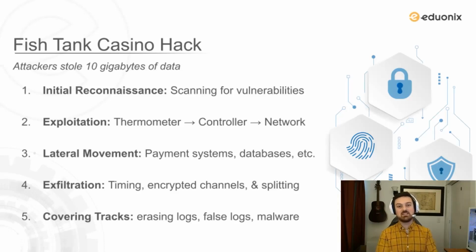So that gets into the final phase. How do we actually extract this data, right? And they need to be careful because they don't want to trigger alarms. So the goal, as with any theft, is to get as much data as possible and as quietly as possible. You can use encrypted channels to hide what you're trying to extract. You can split the data into smaller chunks, right?